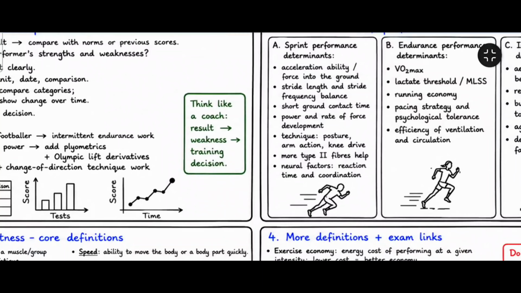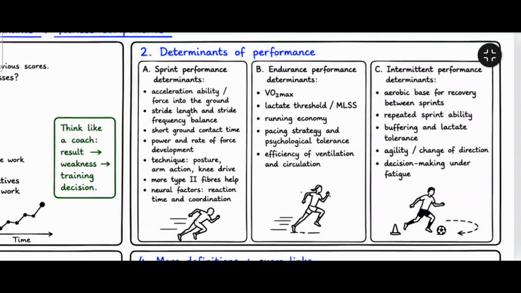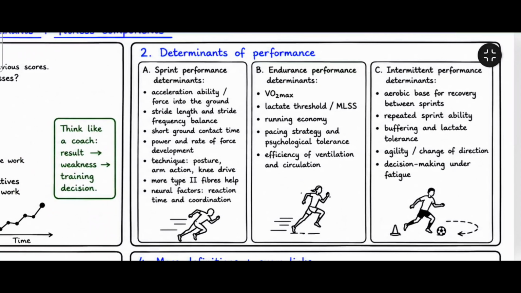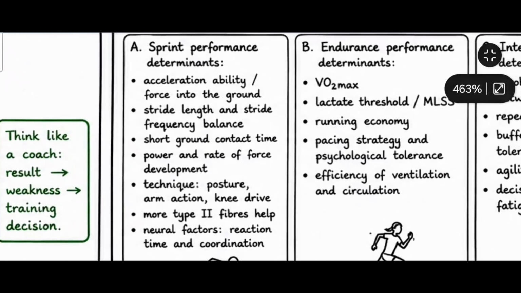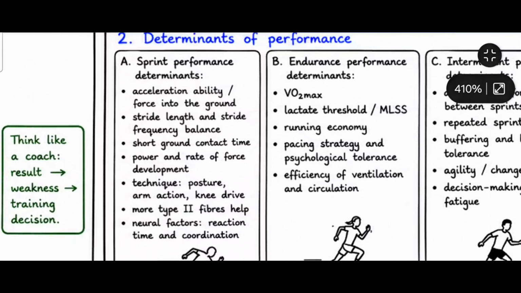Next, you need to know what actually determines performance. So we're going to look at the determinants of performance based on sprinting, endurance, and intermittent performance. For sprint performance determinants, we've got acceleration ability, which is basically putting force into the ground, stride length and stride frequency balance, ground contact time, power and rate of force development, technique.